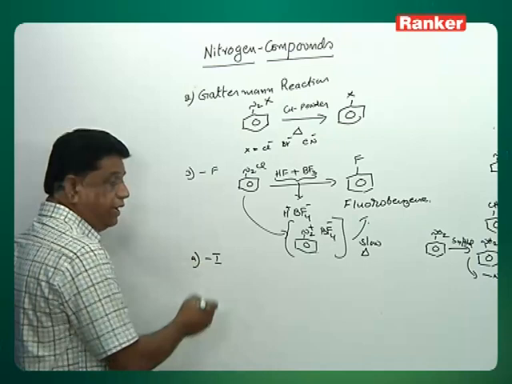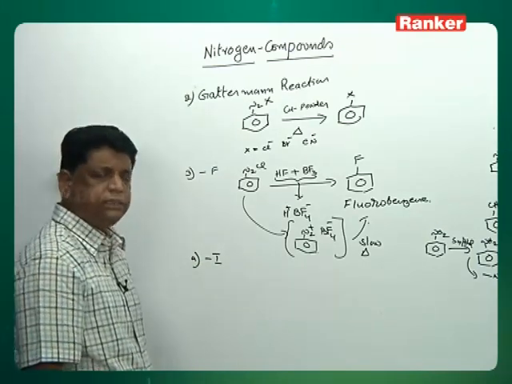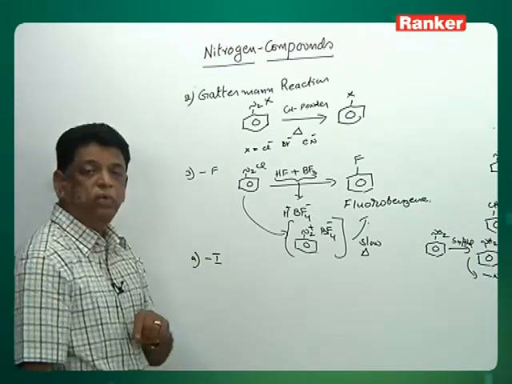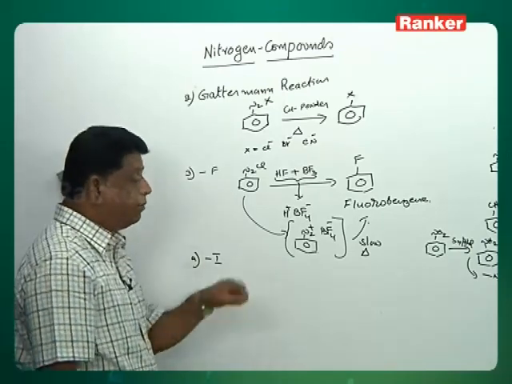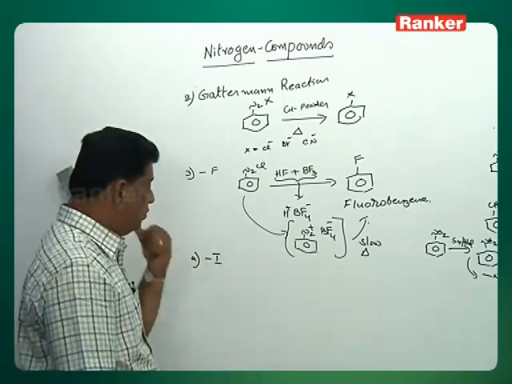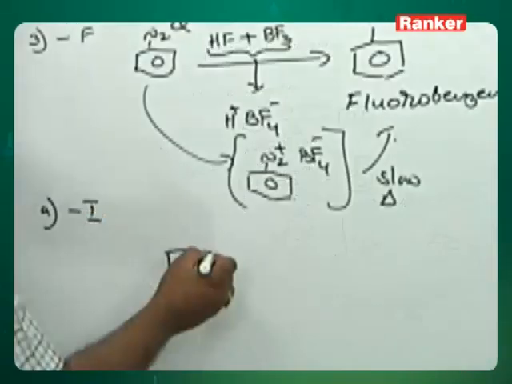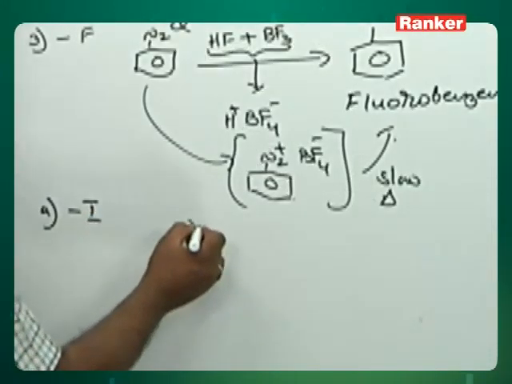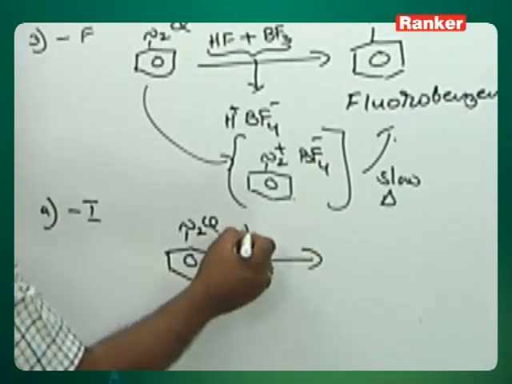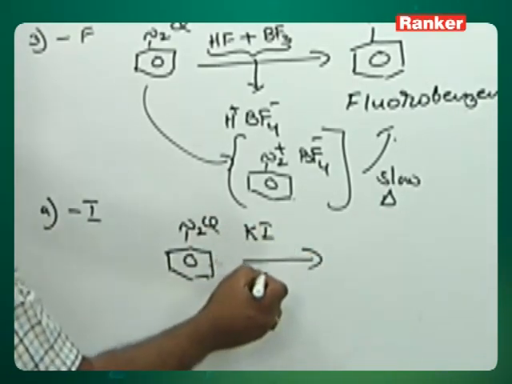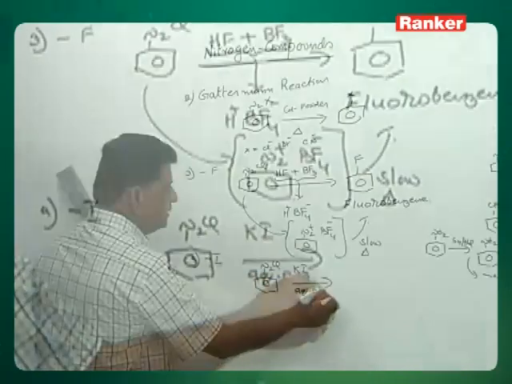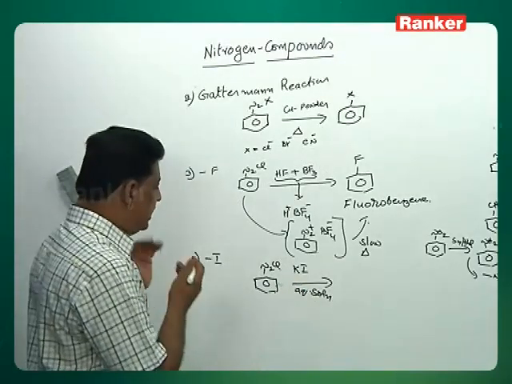Introduction of iodine. How to get iodine? Iodination is a very slow reaction. Even after several hours, you will get a very small quantity, and the byproduct happens to be HI. It is a reducing reagent, therefore the reaction goes back. But with the diazonium chloride, it is very easy. Take the diazonium chloride, heat it with aqueous potassium iodide solution. Just dissolve the potassium iodide in water, then add it to this one.